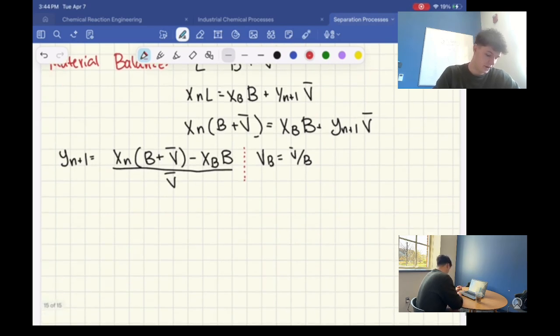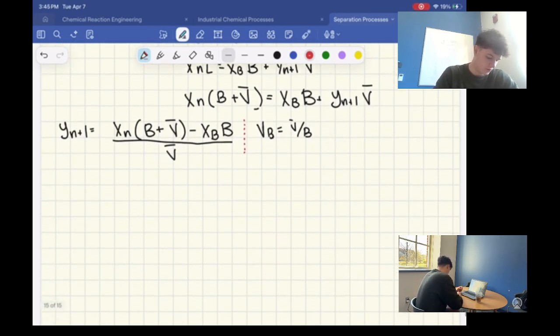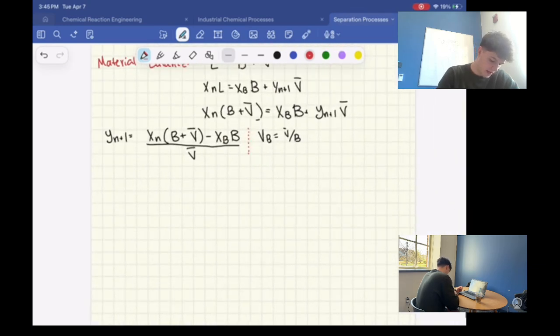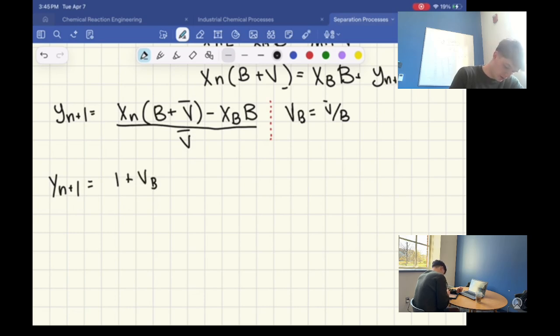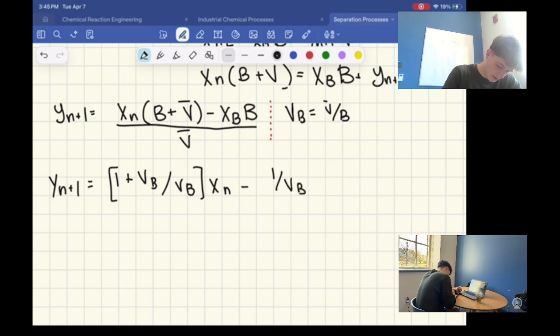So now we are just one algebraic step from finding our operating line equation for our stripping section. We plug in this V over B value into the equation above, and you arrive at Yn plus 1 equals (1 plus V/B) over V/B, all times our xn value, minus 1 over V/B, all times our xb value.